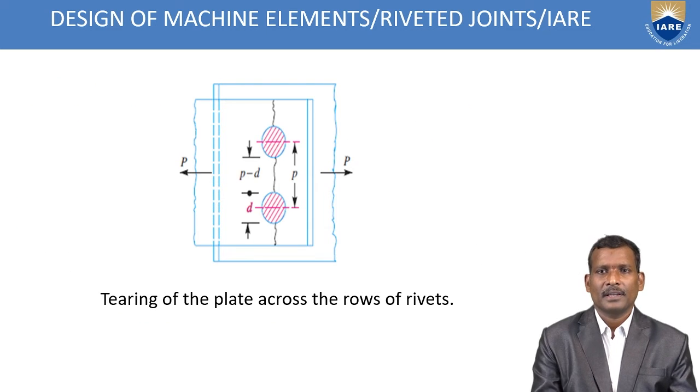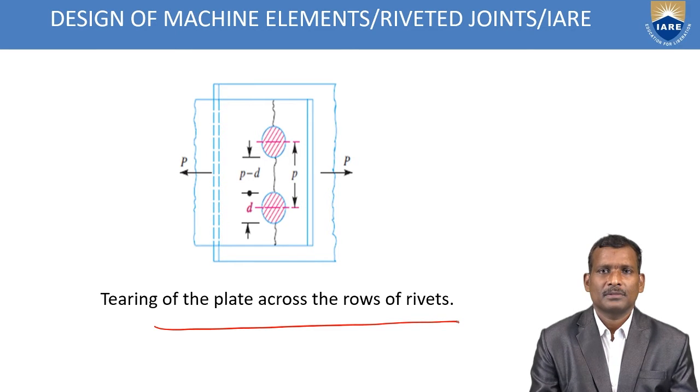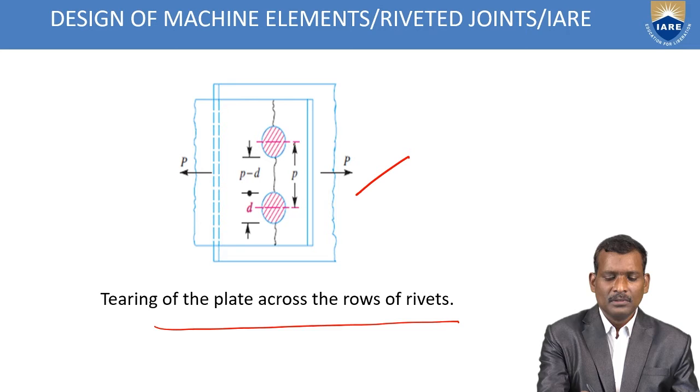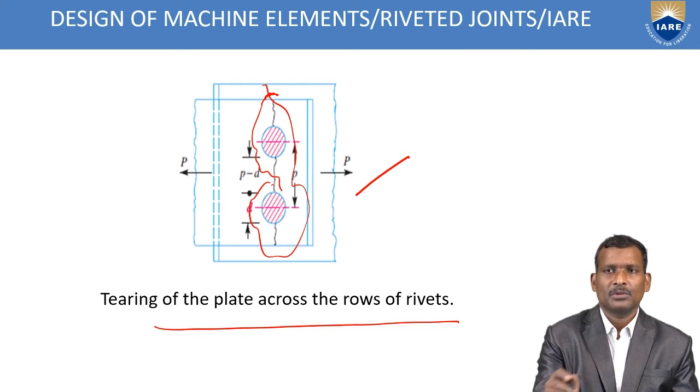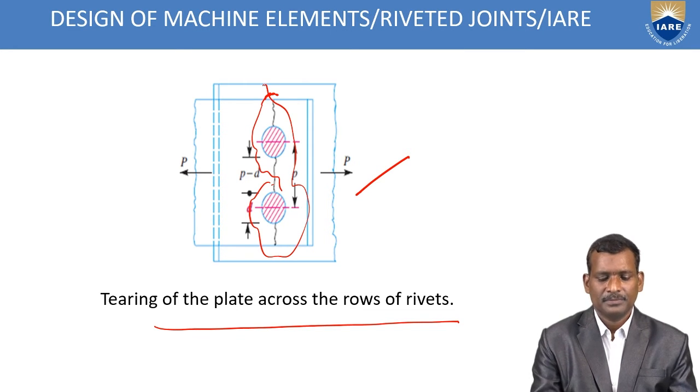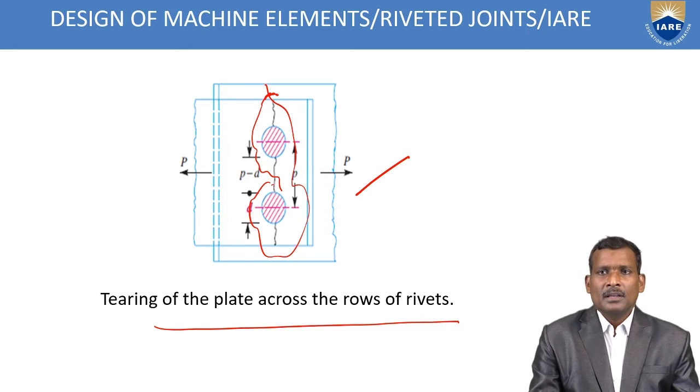I will show you the diagram. See, in this diagram, the tearing of the plate across the rows of rivets is shown. When it is subjected to tensile load, the tearing may occur across these rows of rivets.